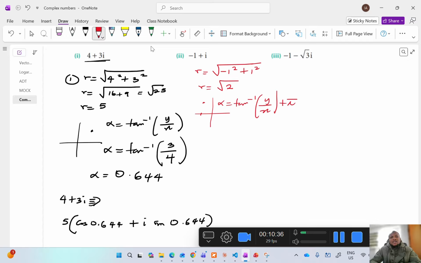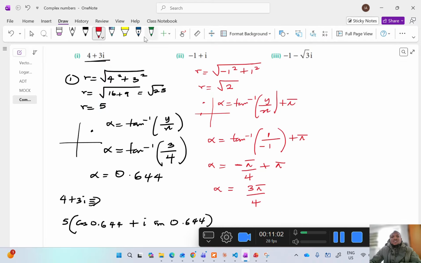So alpha is arctan of 1 over minus 1, plus pi. Arctan of minus 1 is minus pi over 4 if you use your calculator in radian, plus pi. So the value of alpha is 3 pi over 4.